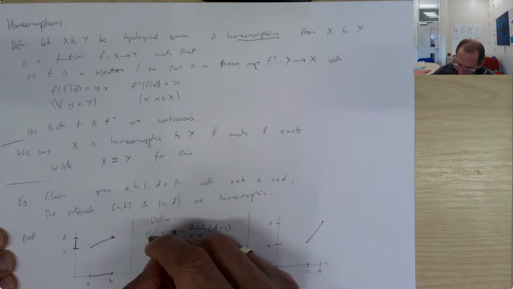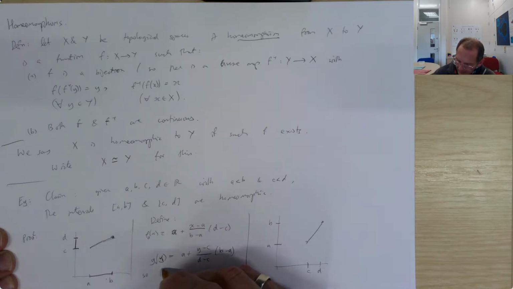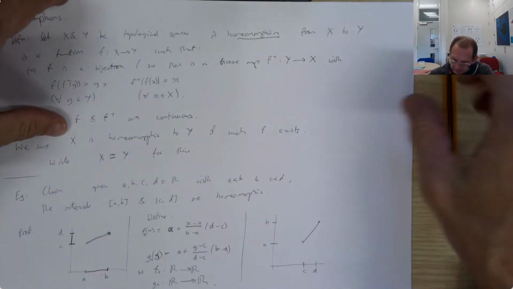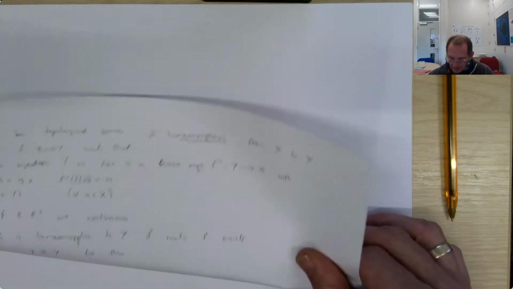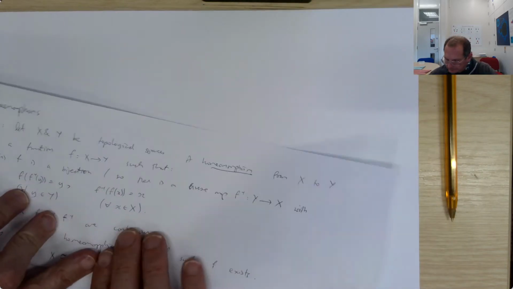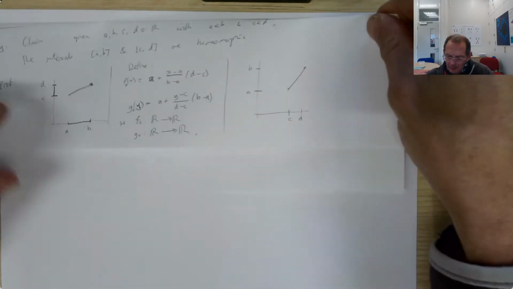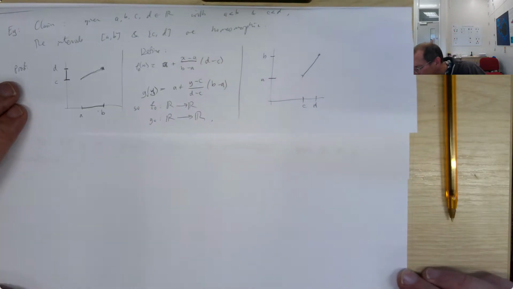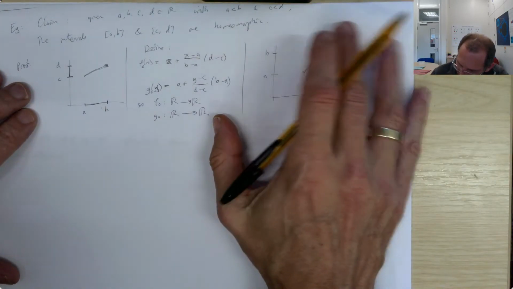And actually let's call these things f naught and g naught. So f naught is a function from the reals to the reals, and g naught is also a function from the reals to the reals. Okay, so we don't want functions from the reals to the reals, we want functions on the relevant intervals.